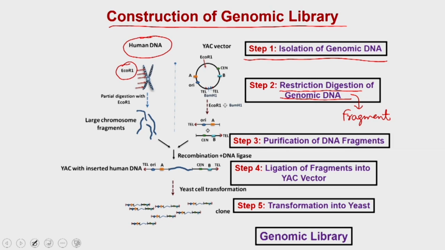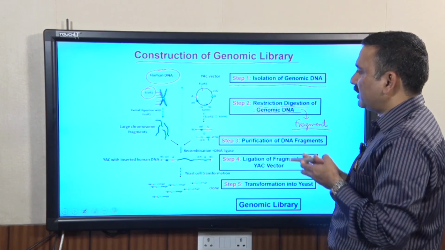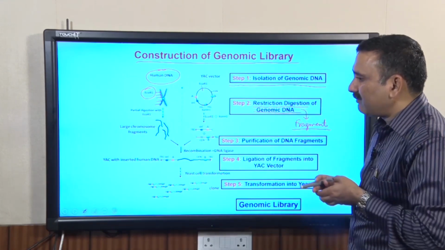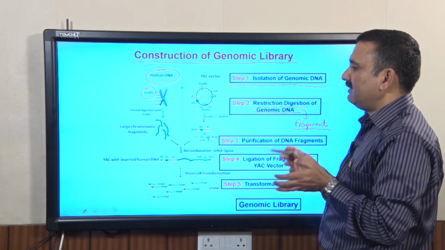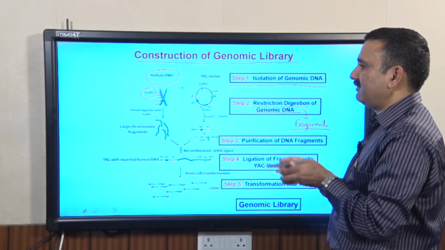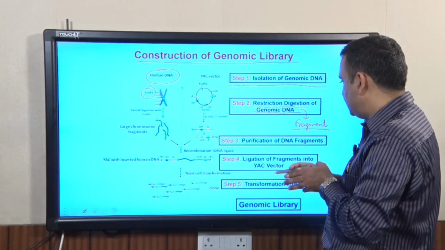Which means you cannot take a fragment which is very large, or one which is very small, because a large fragment is going to correspond to multiple genes, whereas a small fragment may not correspond to even a single gene. You are looking for a suitable size fragment, so that it corresponds to at least one gene.